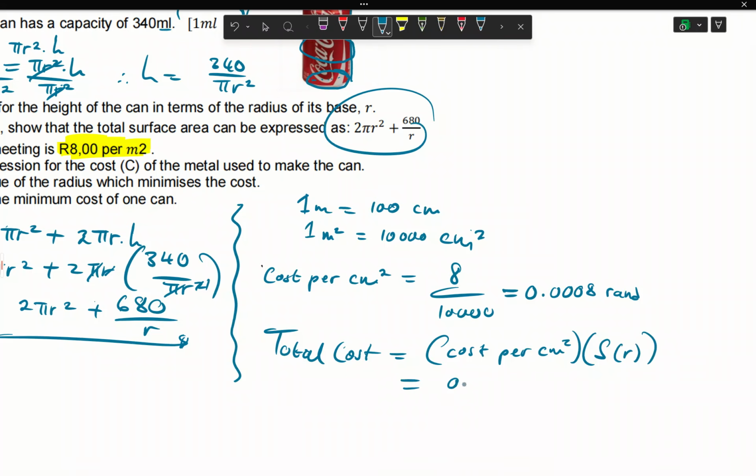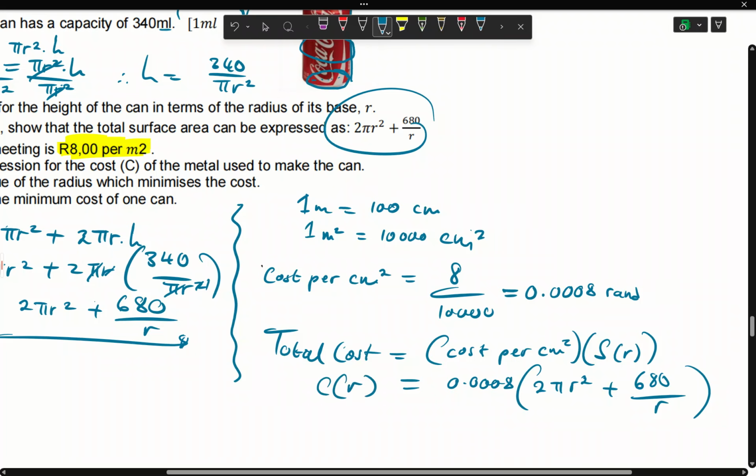So the cost is 0.0008 multiplied by the surface area, which is 2 pi r squared, and then plus 680 all over r. So now this is the cost function. You'll use this formula to deal with the next questions.